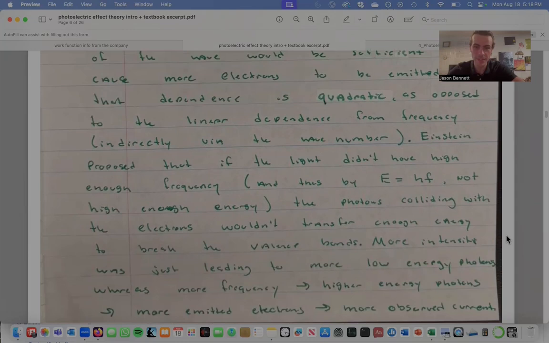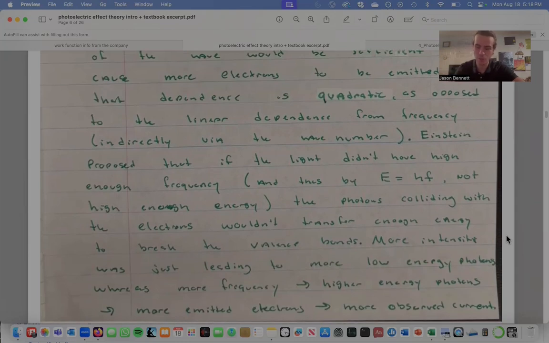So more intensity would just lead to lower energy photons, photons which have smaller work functions, so that when you're breaking those work functions, which we'll talk about in a second, it's basically another word for the strength of the valence bond. If you shine brighter light, you're just going to get more low energy electrons. If you change the frequency, more frequency would mean higher energy photons and more emitted.